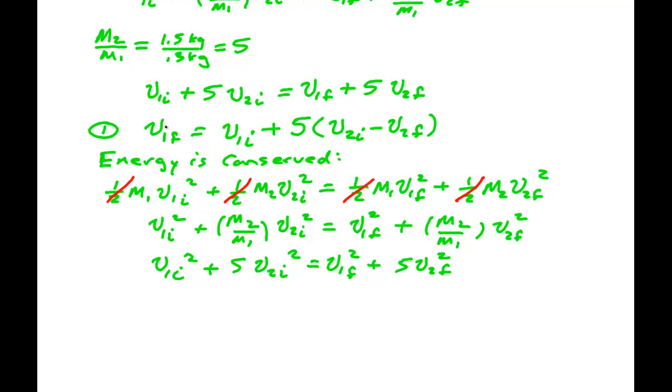So v1F squared is going to be equal to v1I squared plus 5 times v2I squared minus v2F squared. I'm sorry, that's a minus.